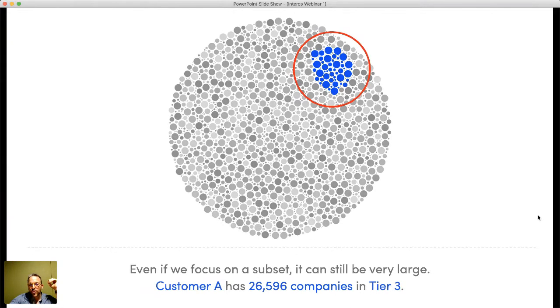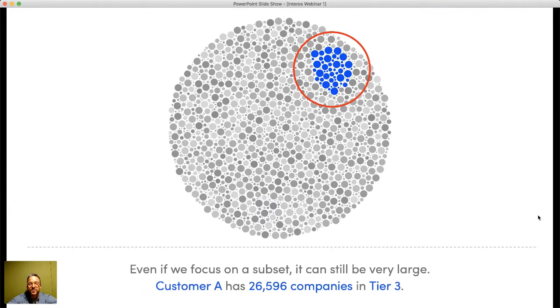So even if we were to focus on just a subset of this complex network, it can still be very large. This is just an example. We have many different customers, but let's say that customer A, which is a real customer, I'm just not providing any names for privacy concerns here, has roughly 26,000 companies in their tier 3.